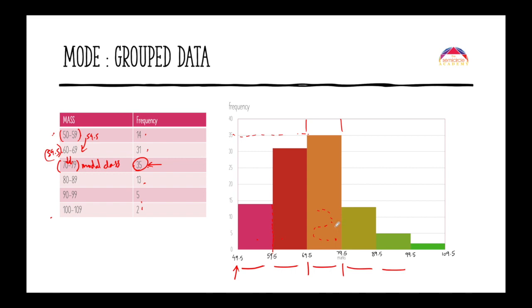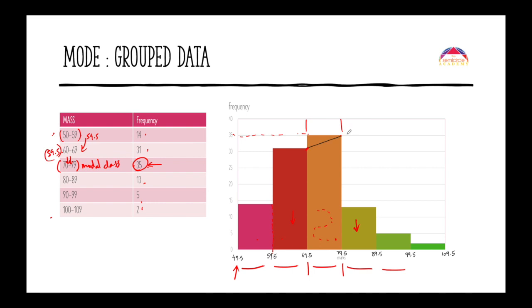So how do we find the mode? Well, we have to do a little bit of funny business. We have to look at the class before it, and we have to look at the class after it. So we're looking at the modal class, the class before and the class after, right? In the class before, we're looking at this point over here, and we're going to take a line from this boundary point and draw it up to this point over here, right?